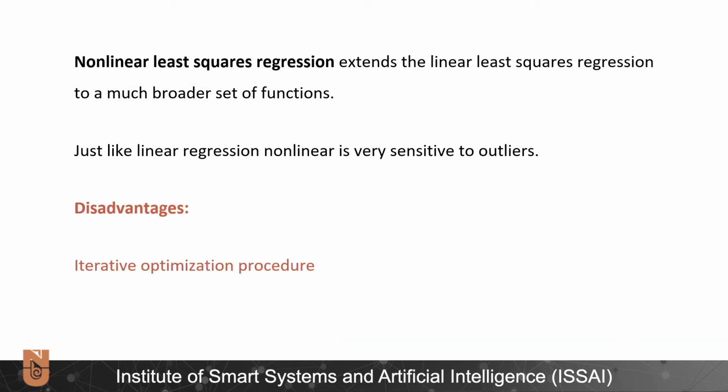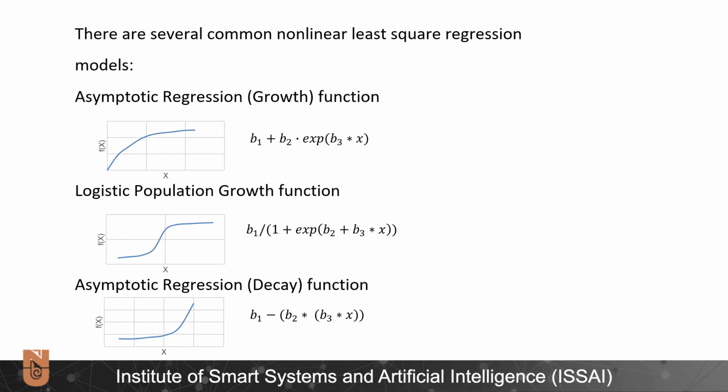On the other hand, there are some disadvantages, such as iterative optimization procedure and fewer tools for outlier detection available compared to linear regression. There are several common nonlinear least square regression models illustrated here, such as asymptotic regression growth function, logistic population growth function, and asymptotic regression decay function.